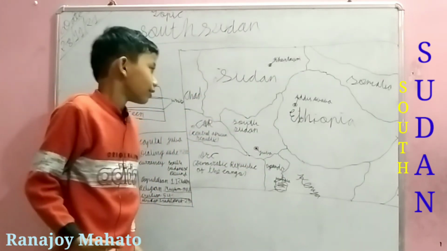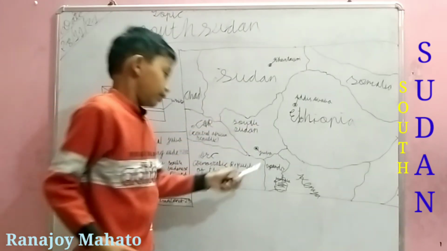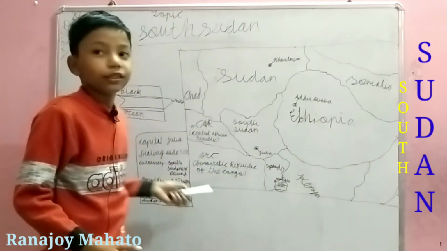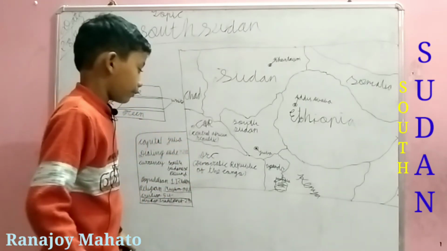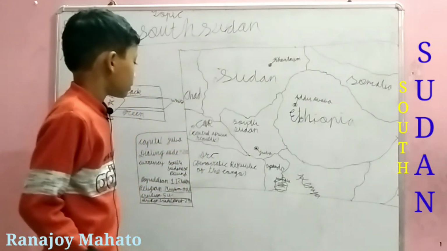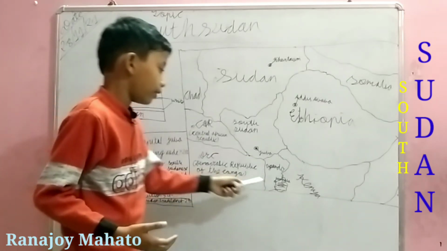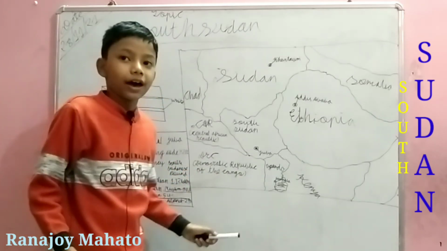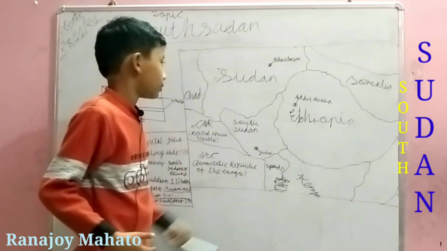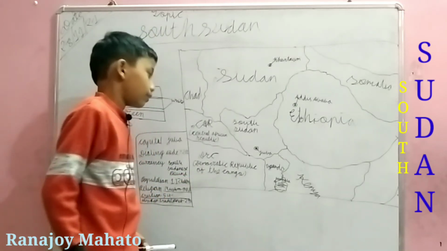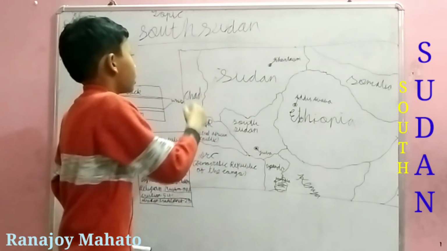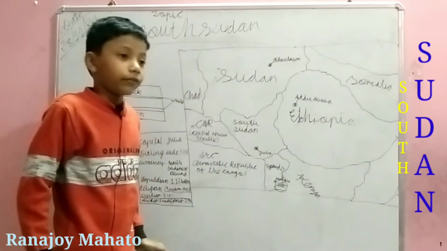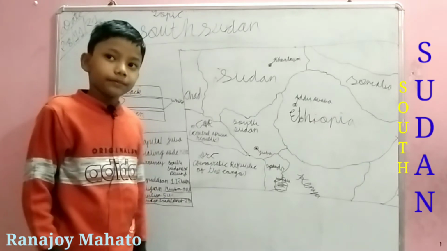And for DRC, we cannot see the capital because it's on the other side of the African continent. And Uganda's is Kampala, right here. That's the only capitals; the other capitals are on the other side of Africa.